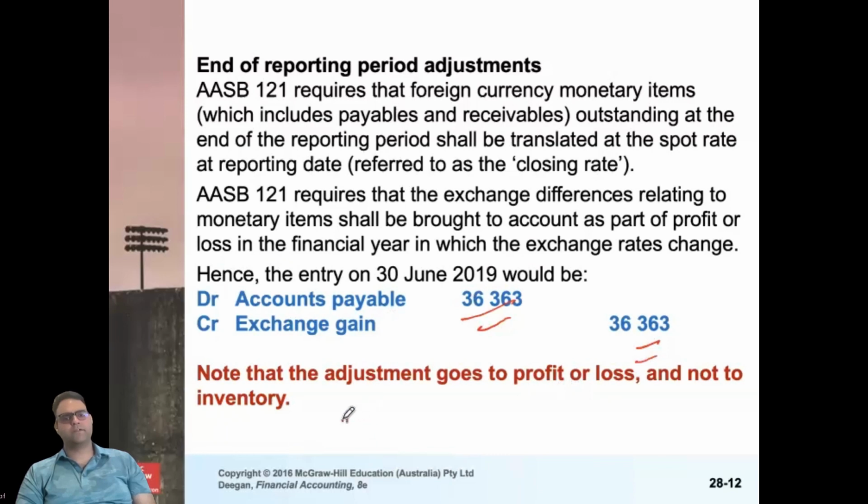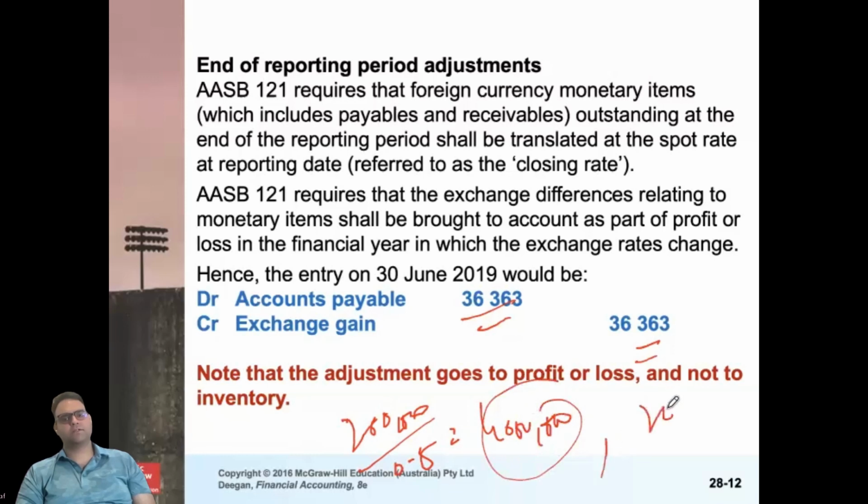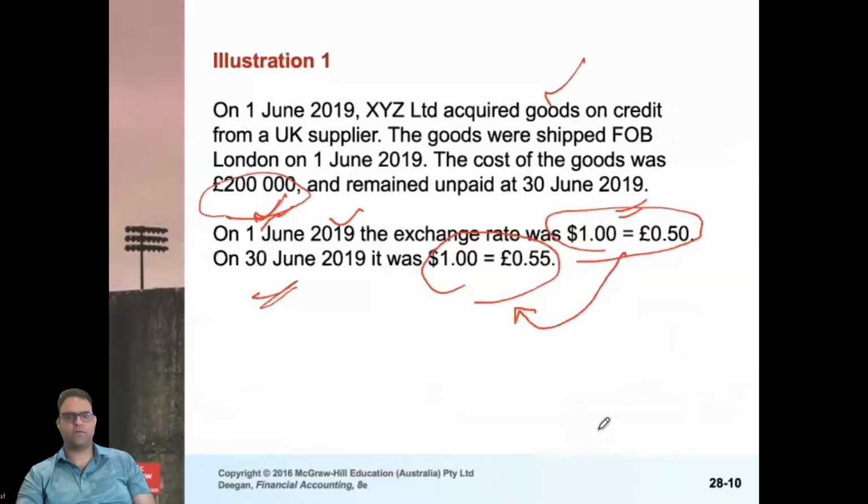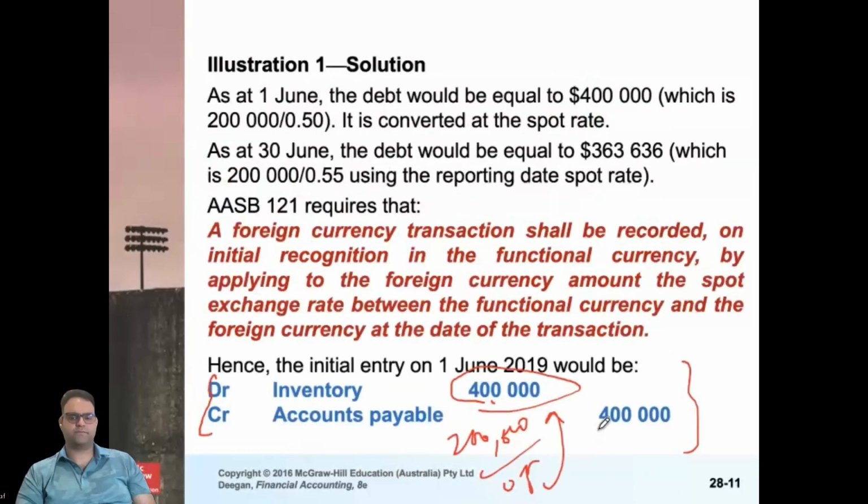On the first day we have 200,000 pounds, the rate was 0.5, so we need to pay 400,000. Afterwards, the buying power increased from 0.5 to 0.55.